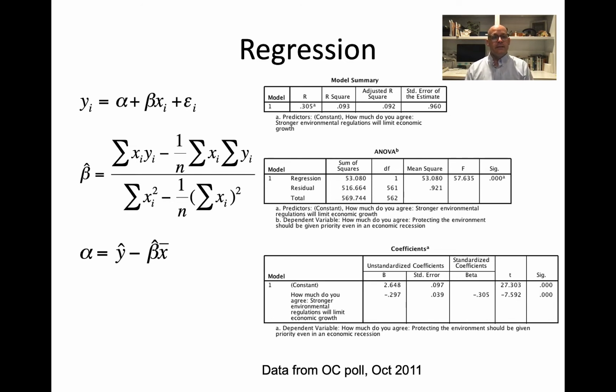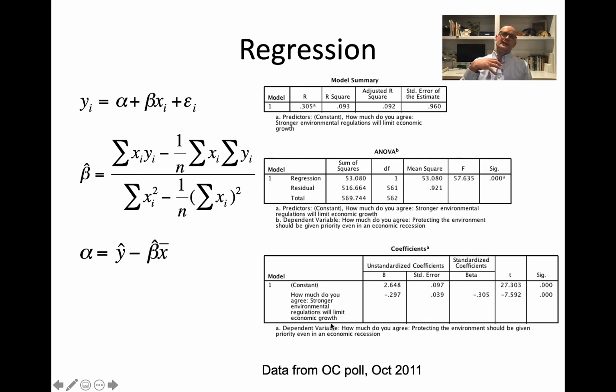So if I'm reading this output, what does it look like? Well, we ran a model. The dependent variable is how much you agree that protecting the environment should be given priority even in an economic recession. This is from a poll in 2011, which is 10 years old now or more. And we wanted to see how much you agree that stronger environmental regulations will limit economic growth.